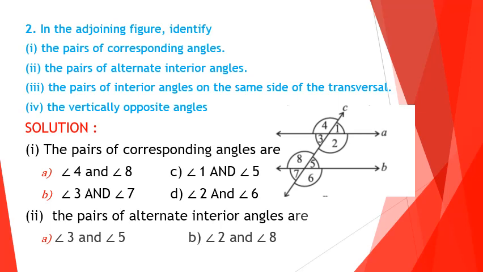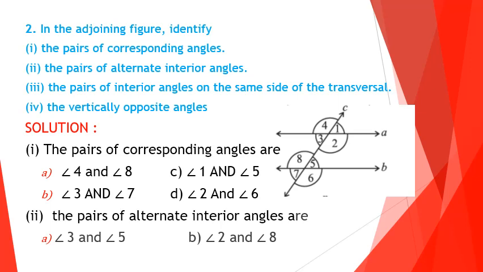So the first pair is angle 4 and angle 8. Another pair is angle 3 and angle 7. Next we move to the right side of the transversal and above the lines. That is angle 1 and angle 5. Next is below the line. That is angle 2 and angle 6.